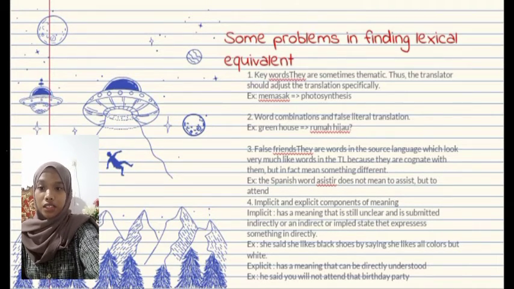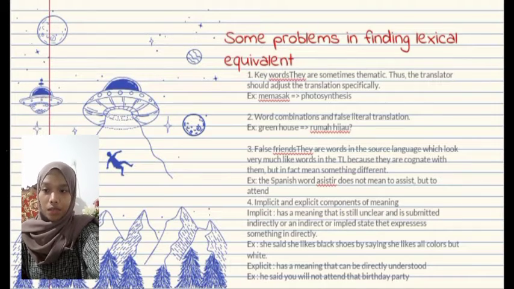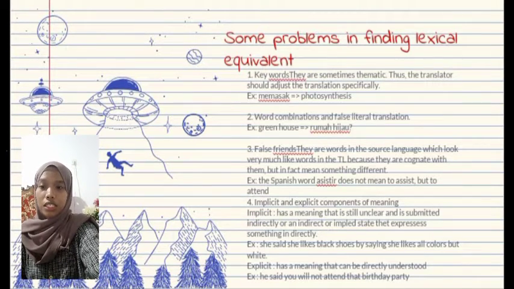For example, greenhouse has the same meaning as rumah hijau. False friends are words in the source language which look very much like words in the TL because they are cognate with them, but in fact mean something different. For example, the Spanish word asistir does not mean to assist but to attend.